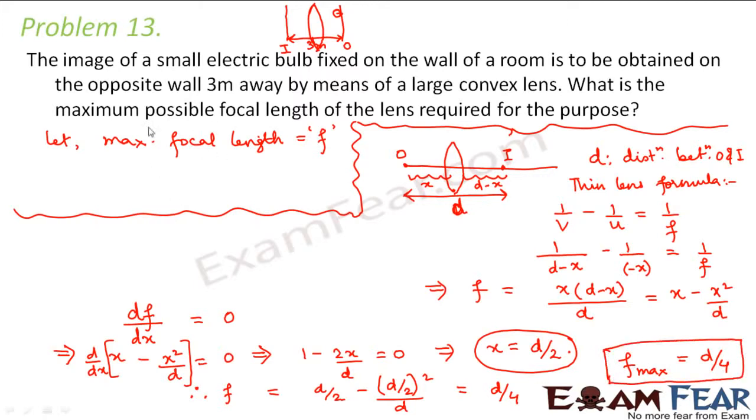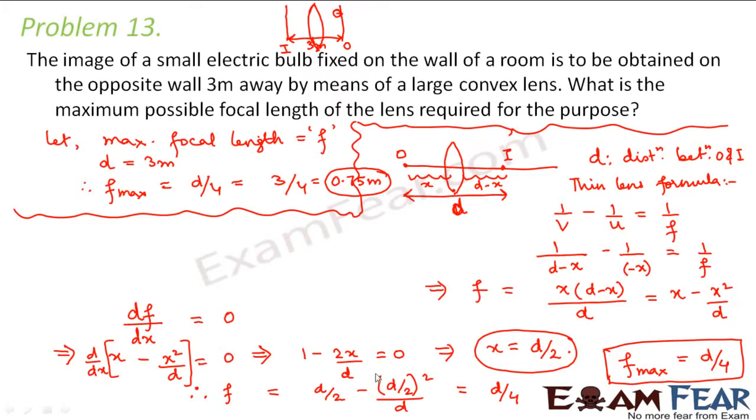Now using this formula, we can easily solve this problem because the distance between the image and object, that is D, is given as 3 meters. Therefore, the maximum focal length will be equal to D by 4, that is 3 by 4, which is equal to 0.75 meters.